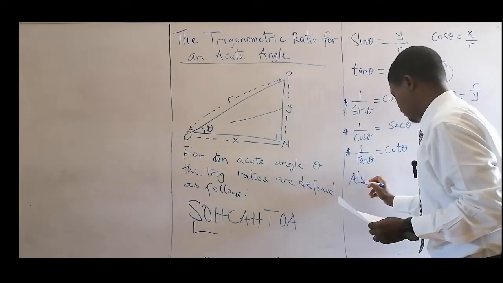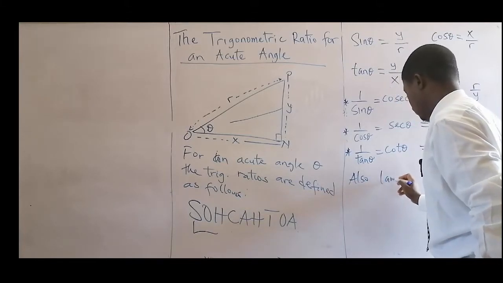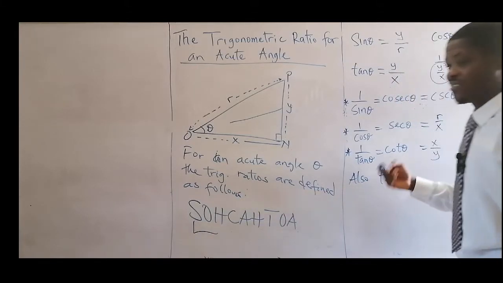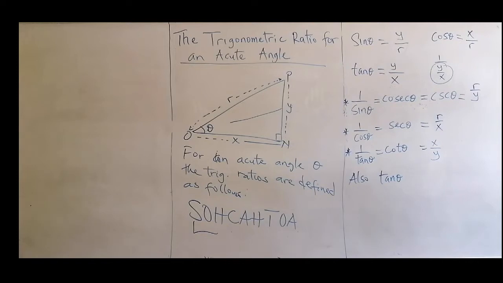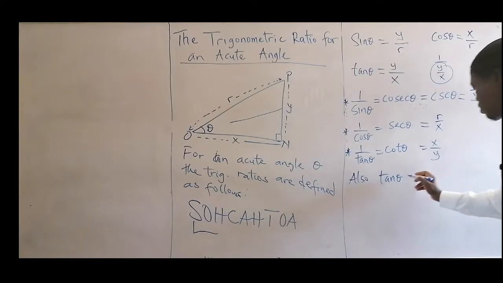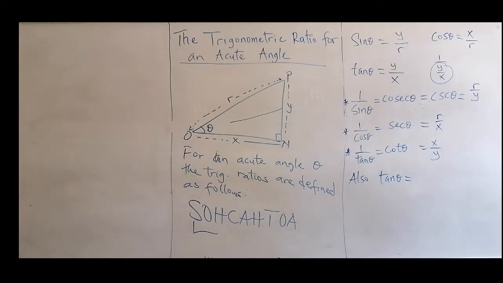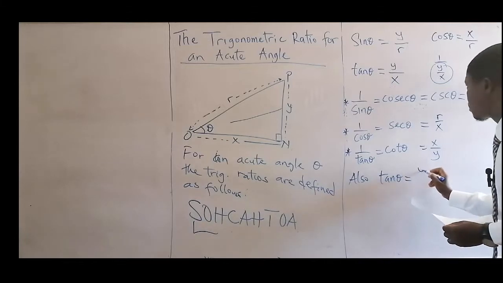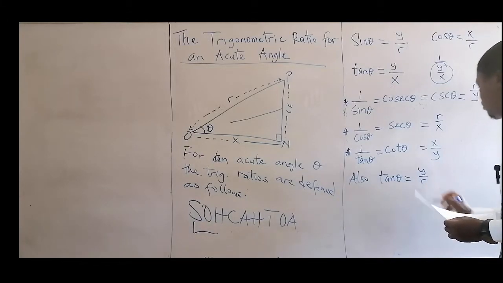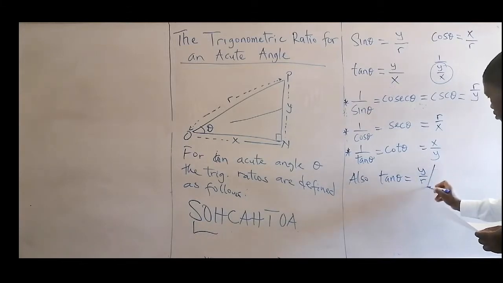Then the other establishment we want to quickly do now is to note that tan theta is sine over cos. It is mathematically proven that tan theta is sine over cos. Let's quickly do that. Tan theta is y over x.